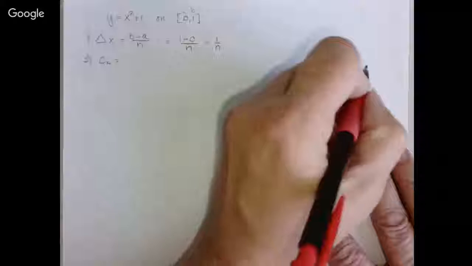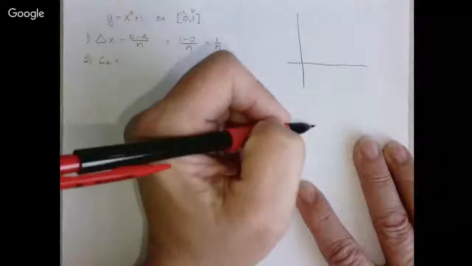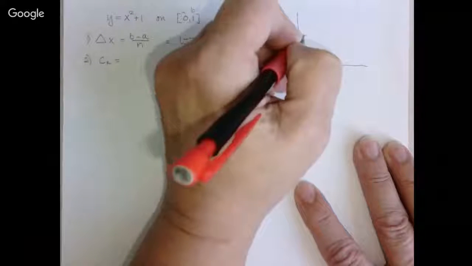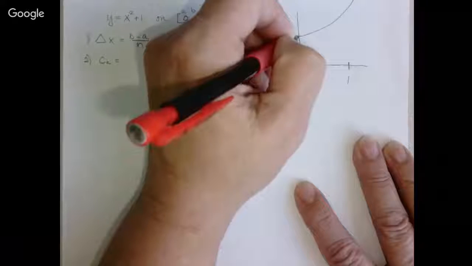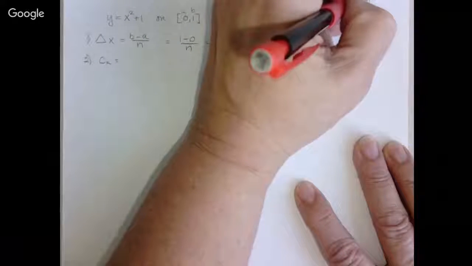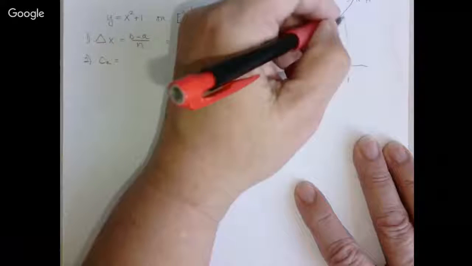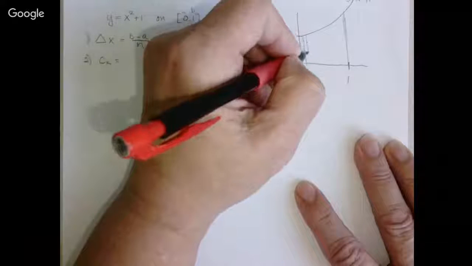Well, if you recall, let's draw this a little bit. That's not very good, but oh well. So let's say this is 1 and 0, and here is the function x squared plus 1. I don't know how many boxes I have in here. I've got a bunch.